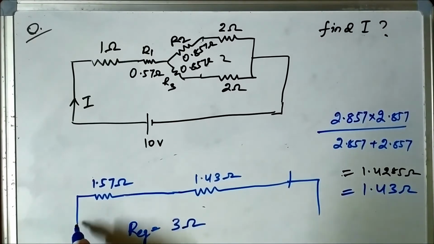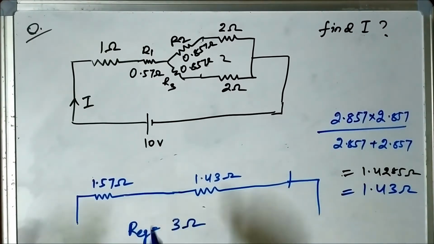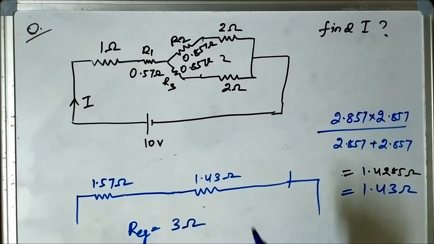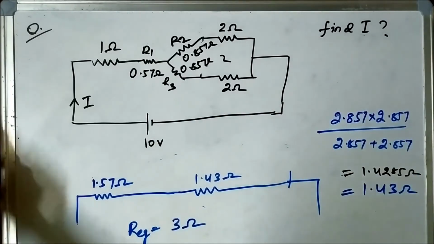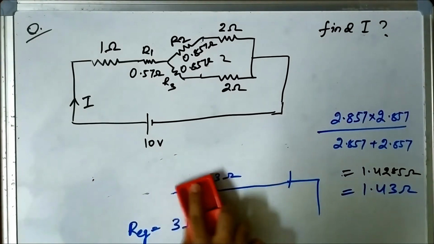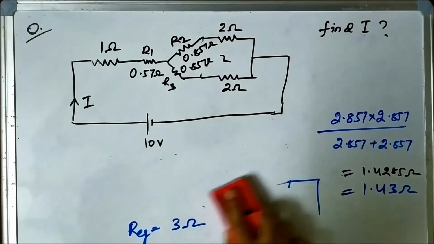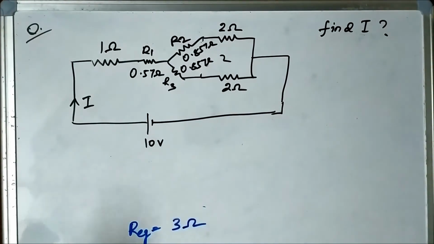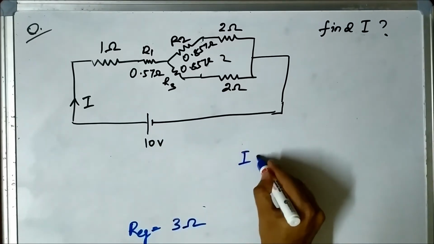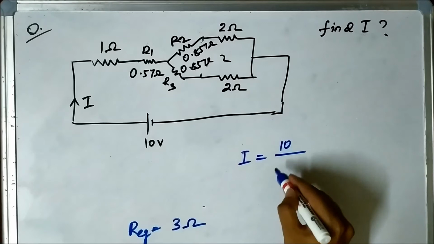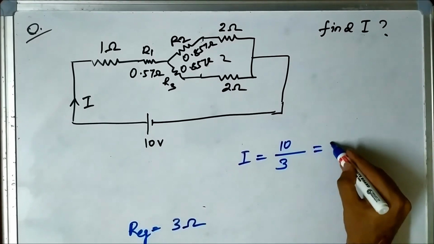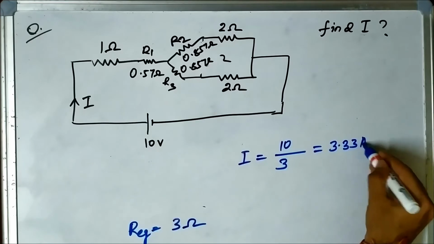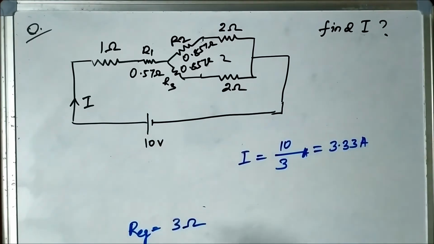Now this total resistance is connected across 10 volt, so we have to find the circuit current. Current is equal to applied voltage by total resistance, which is 10 by 3 amperes or 3.33 amperes, the total circuit current.